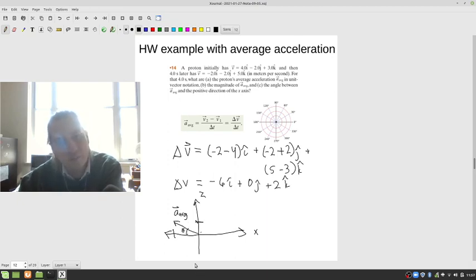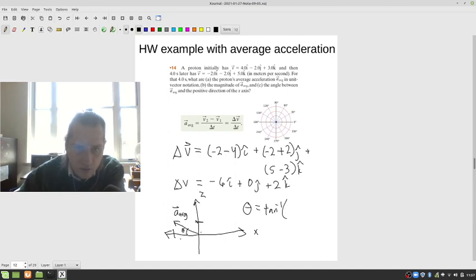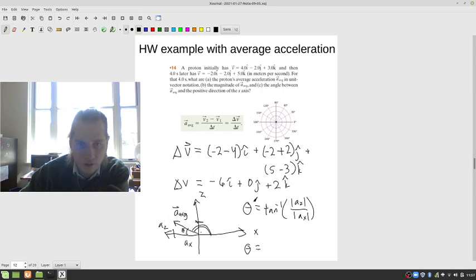Okay, so be careful, because when it asks for the angle between a average and the positive direction of the x-axis, you can find this angle here by using your inverse tangent of AZ over AX. But the angle they're asking for, between a average and the positive direction of the x-axis, is going to be, let's give that one a prime, 180 minus that primed angle.